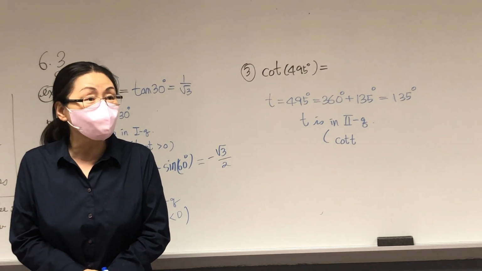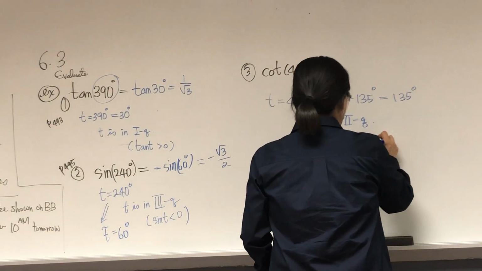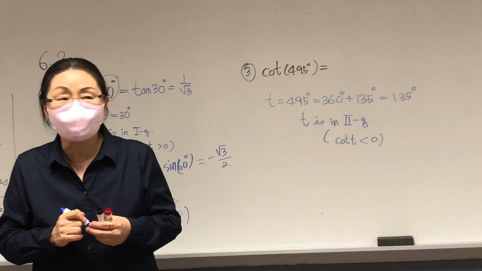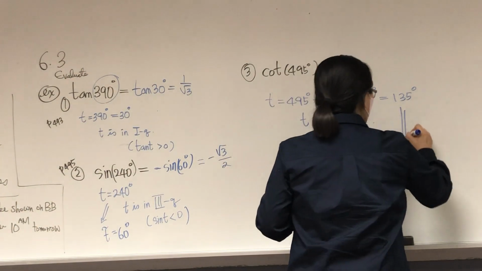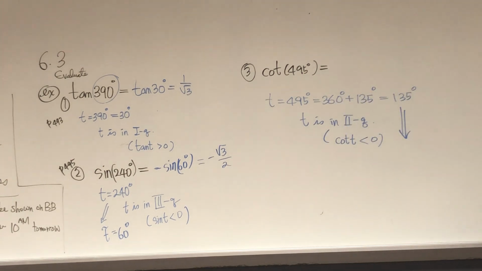Negative, right? Because it has the same sign as the tangent, am I right? Good. And this one is greater than 90 degrees, so you need the reference angle, am I right? What is the reference angle? Pi over 4. Good job, 45 degrees.